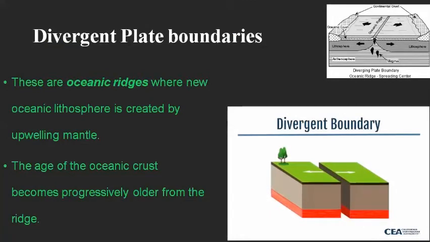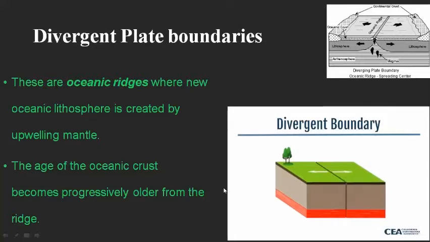Now why so? Before that, plate boundaries can be of three types. So what is a boundary? As you are seeing over here, and as you have seen in the previous slide, these are the meeting points of two plates. The first type that we will discuss is the divergent plate boundary.